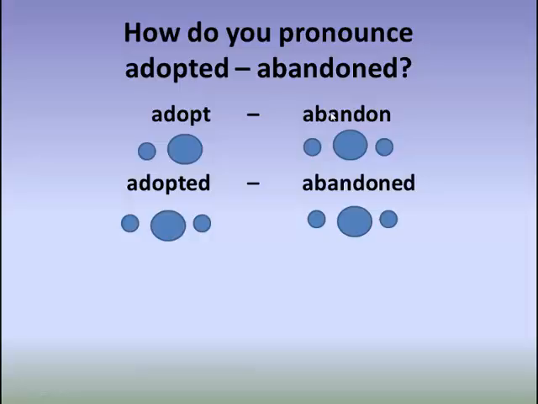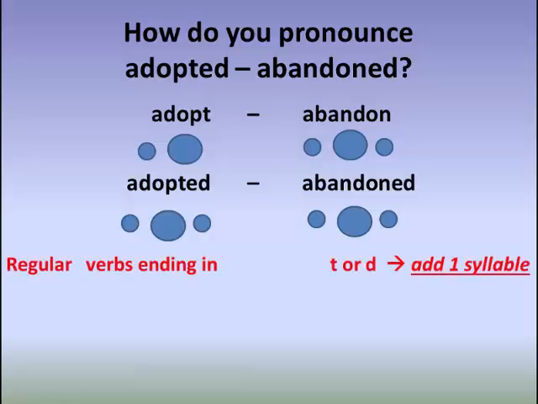Why did abandon not change and adopt, adopted, change the number of syllables? Well, there is a rule, and the rule is that regular verbs ending in T or D add a syllable.